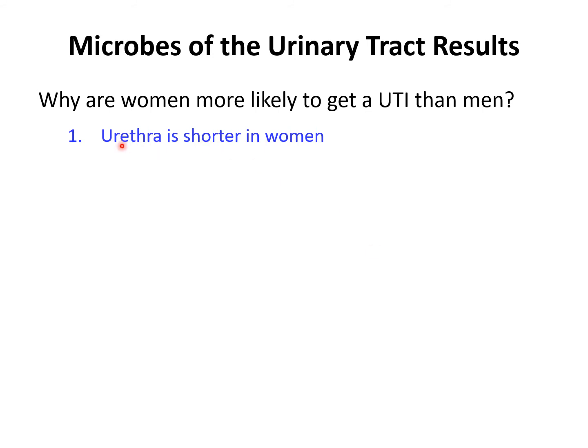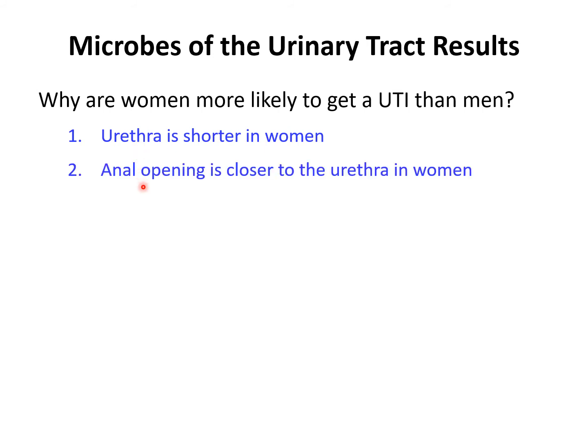The urethra is the tube through which urine gets released out of the body. So the women's urethra is much shorter in size compared to men, and therefore they are more susceptible to getting a UTI.